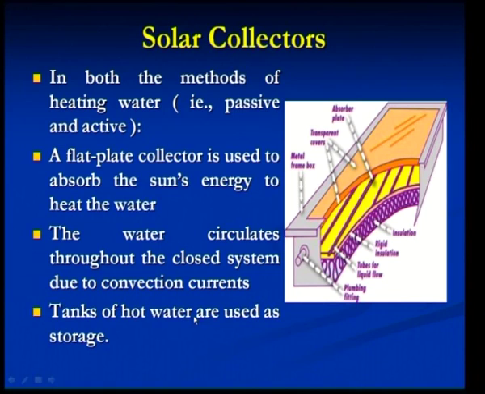Tanks of hot water are used as storage tanks. So the water is being circulated in a closed system, basically due to the convection currents. Convection current is the one which is naturally happening. You need not spend your energy for this movement.